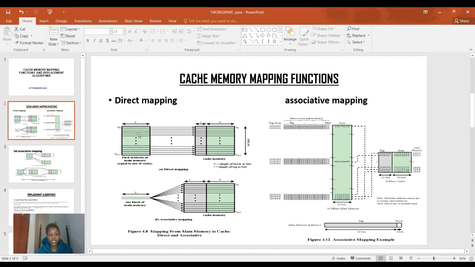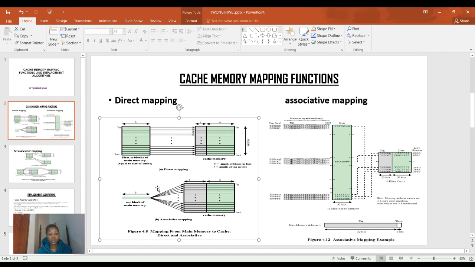So it is direct: one block is mapped exactly to one cache line. As shown here, B represents the length of the block in bits, and T represents the length of the tag in bits.